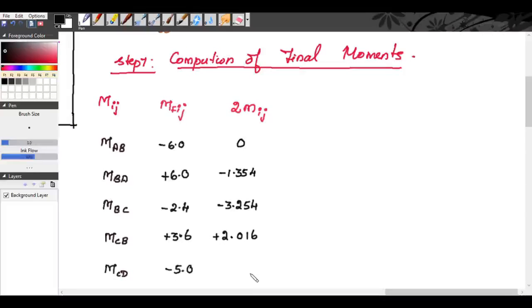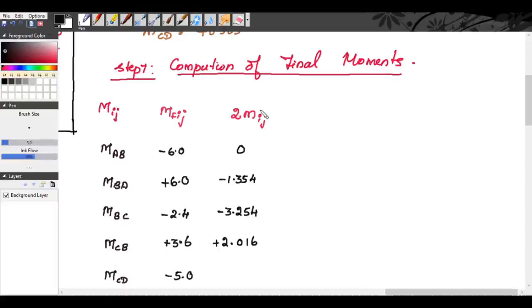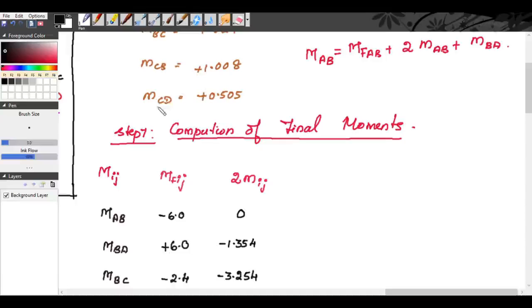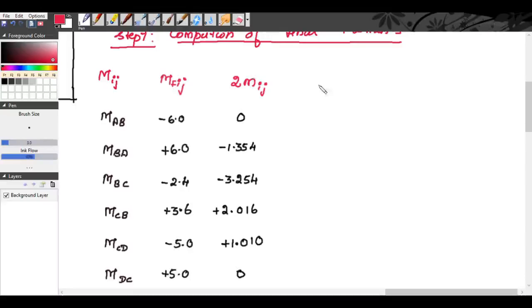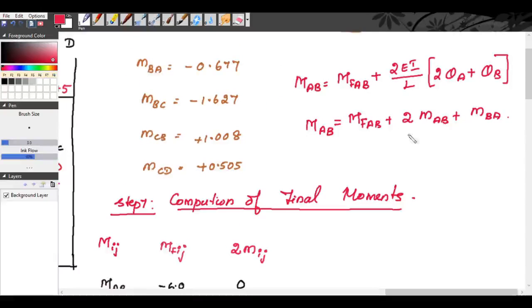Next, IJ is CD, so 2 MCD, that is 2 into plus 0.505, we get plus 1.010. Again, we don't have MDC, so that is 0. So this part is over.